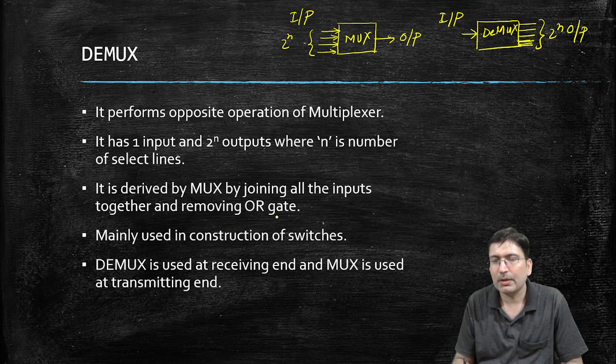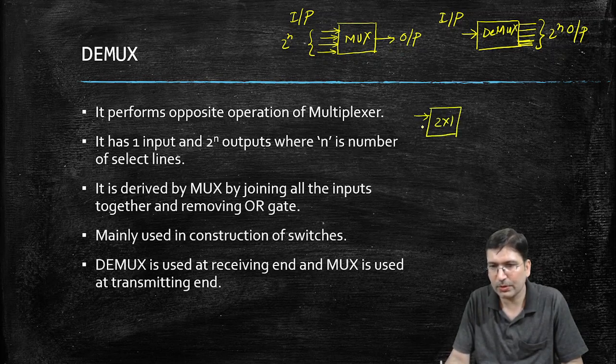Now the third point is, it is derived from mux by joining all the inputs together and removing the OR gates. So I guess you remember that. Let's say you consider a mux which is 2 cross 1. So there are two inputs, let's say I0 and I1, and there will be one select line, maybe S0, and one output like Y. So the expression of Y we will write something like this.